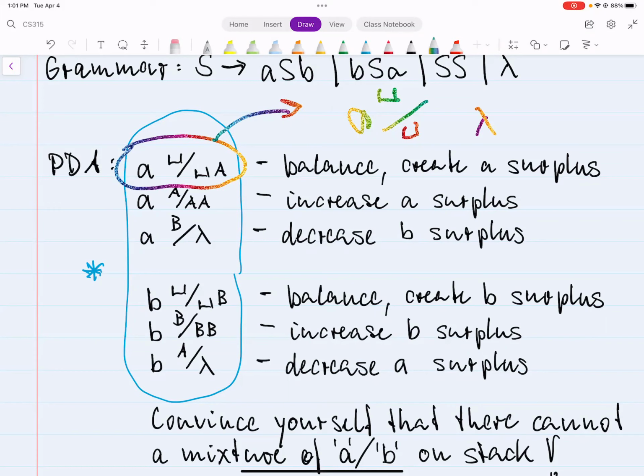So are we going to pop anything off the stack? Who's for yes? Who's for no? Yep. Very good. And then we are going to have an A here.